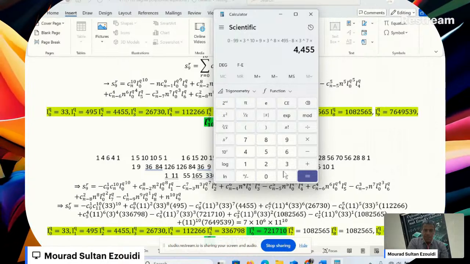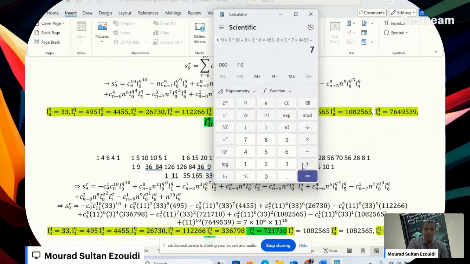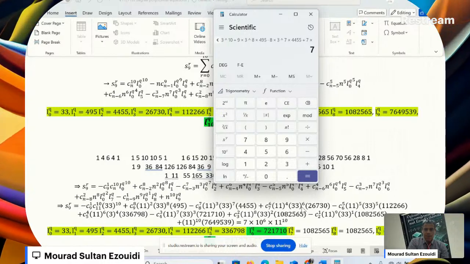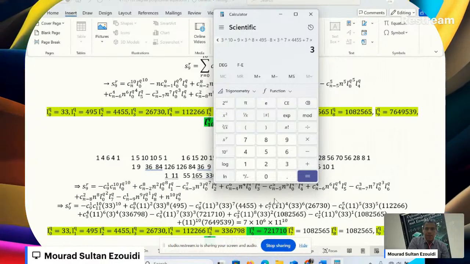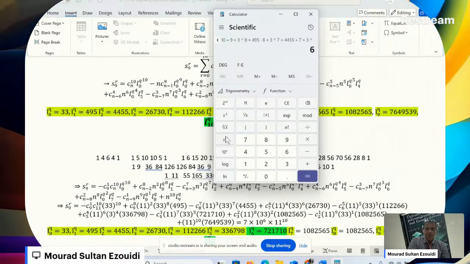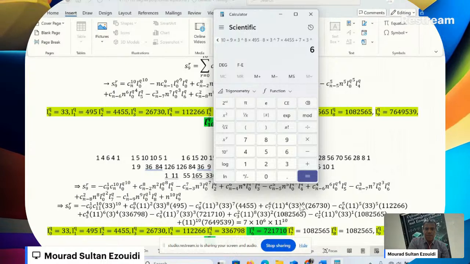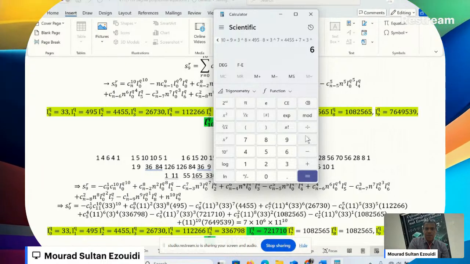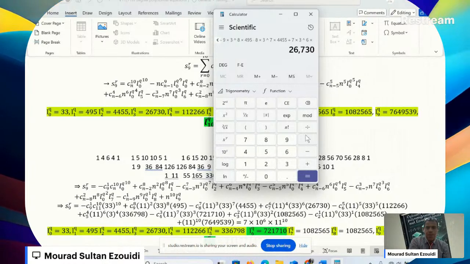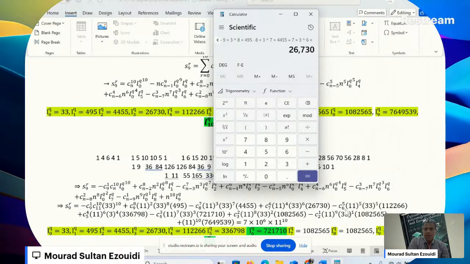Then plus 7 multiplied by 3 raised to the power 6, then multiply by 26,730.